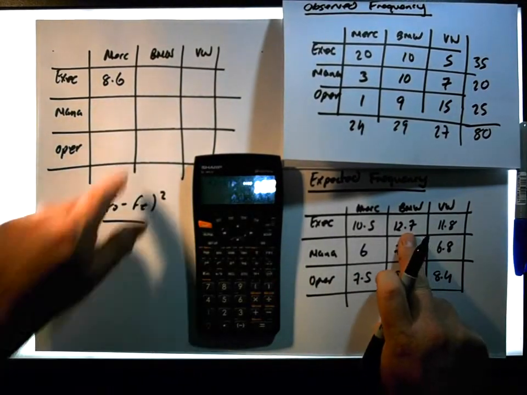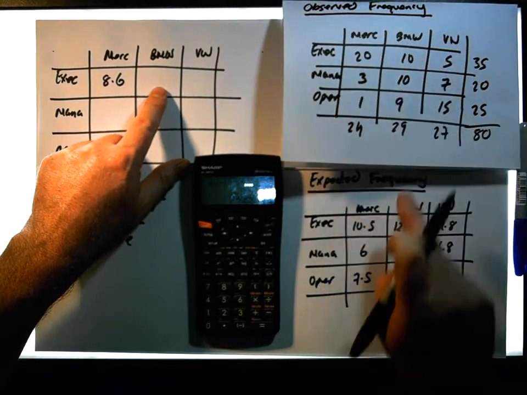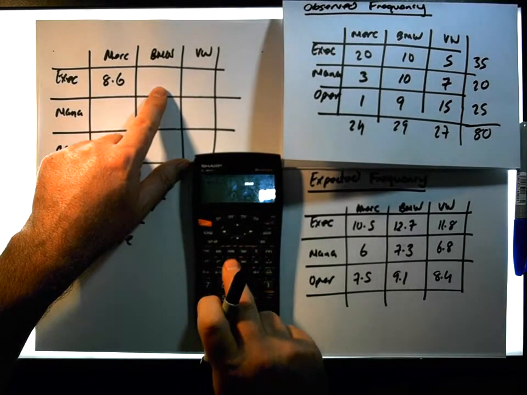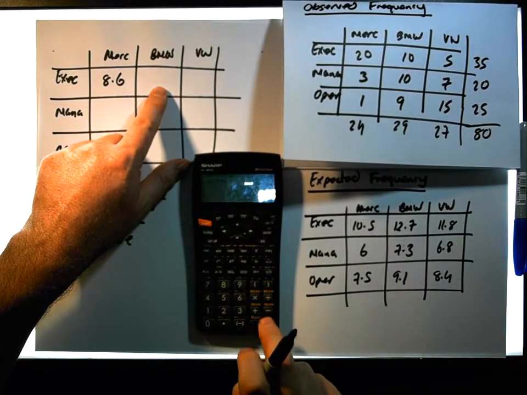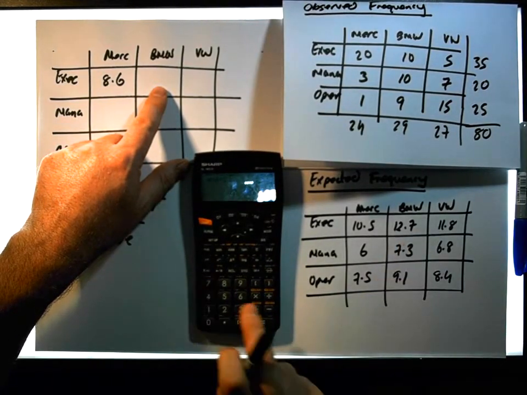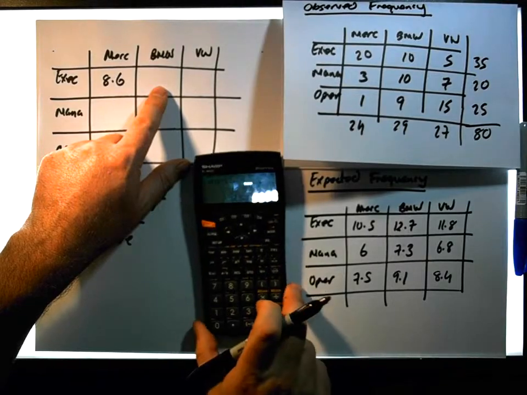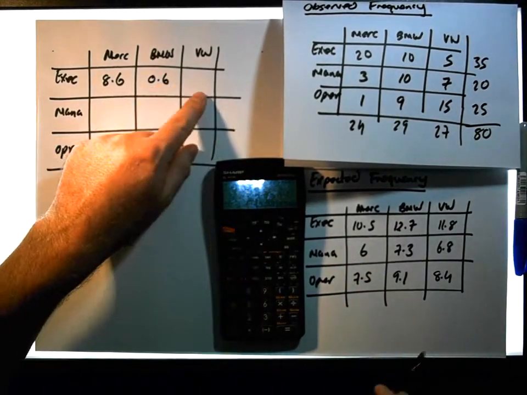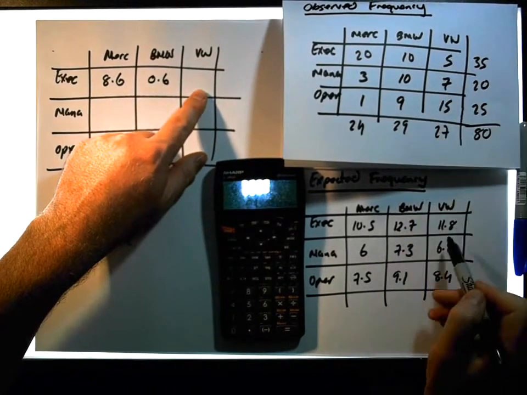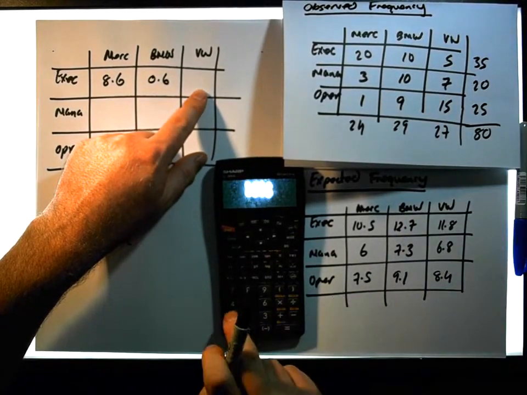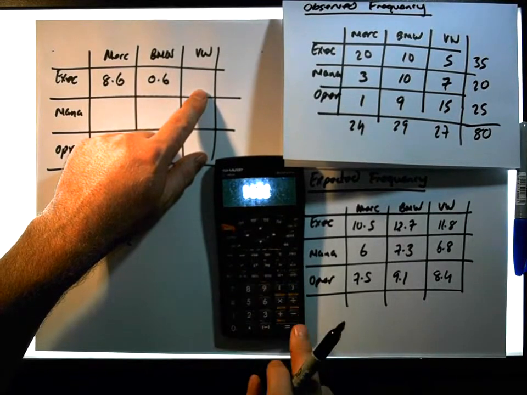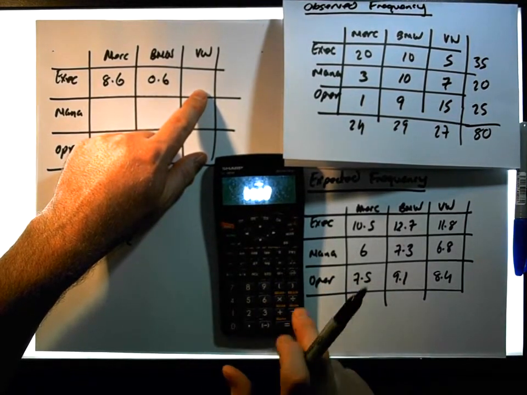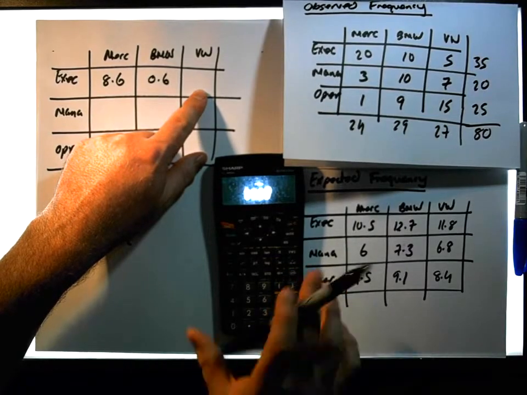Then the next cell is the observed, which is 10, minus 12.7, which gives us 2.7, which needs to be squared, and divided by the expected, which is 12.7, which gives us a value of 0.6. I'm rounding here. The next cell is the observed, which is 5, the expected is 11.8, so we have 5 minus 11.8, and we square that and divide by the expected, 11.8, which gives us approximately 3.9.